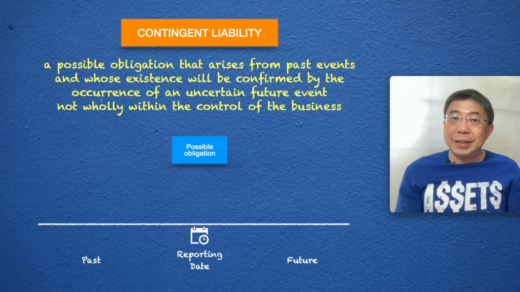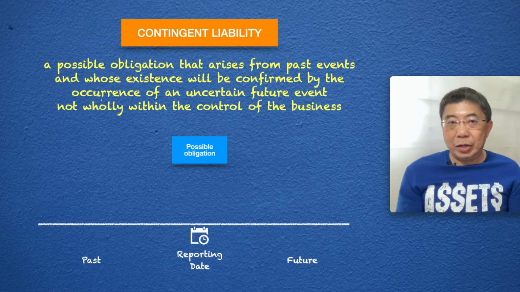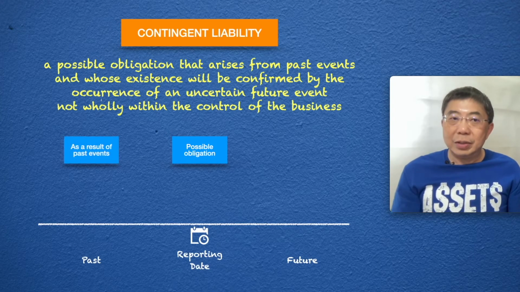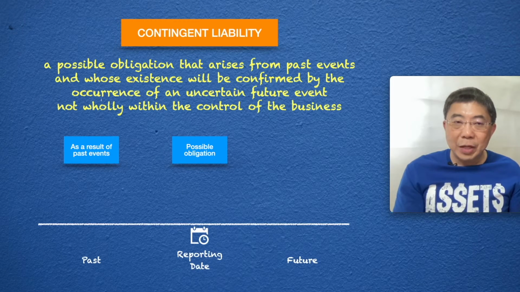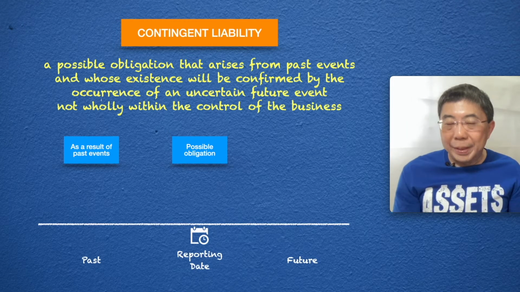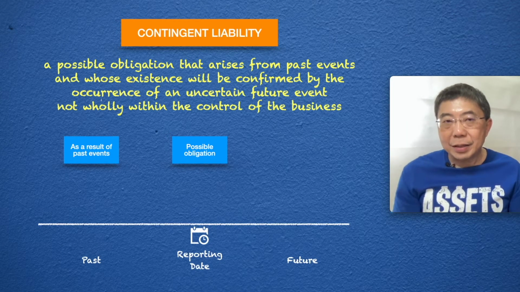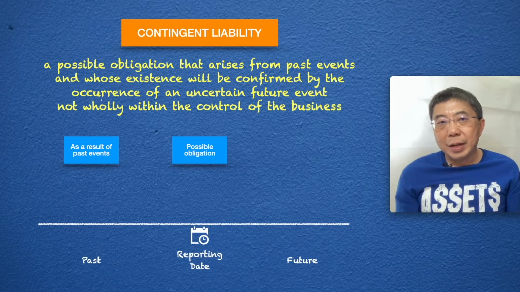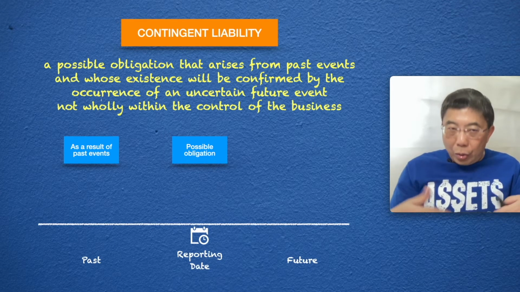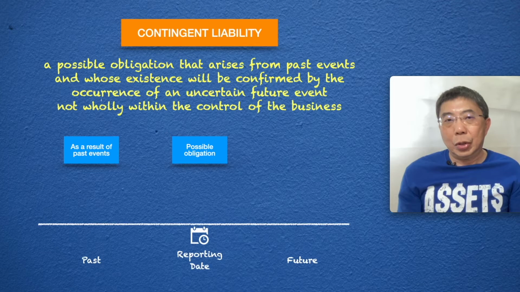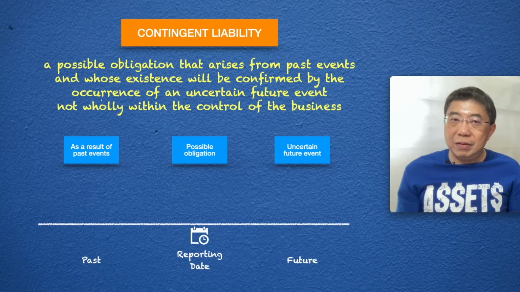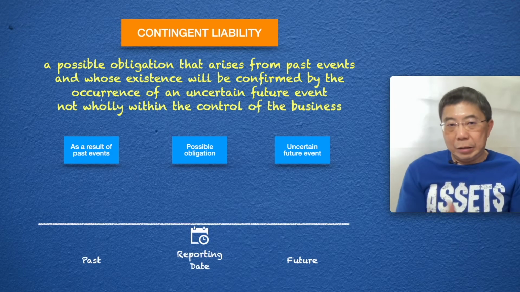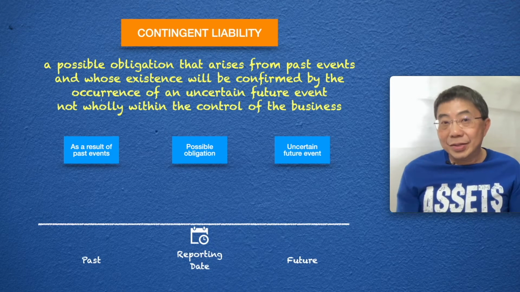Contingent liabilities are possible obligations that have resulted from a past event or past transactions. So these are possible obligations, not yet present obligations. Whether it is going to be an obligation or not depends on the outcome of a future event, which is currently, at the reporting date, uncertain.